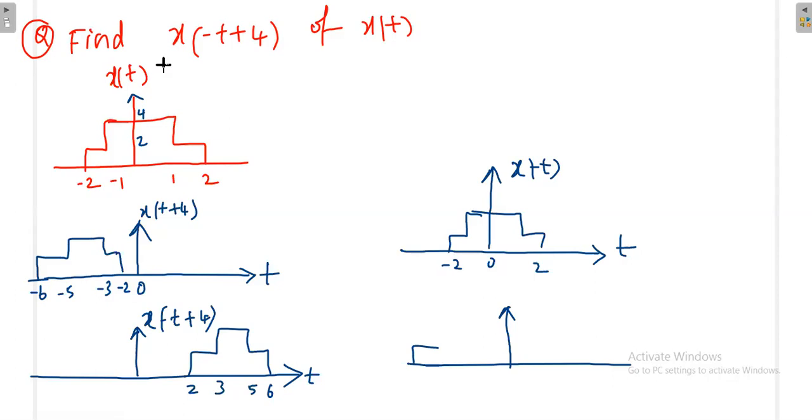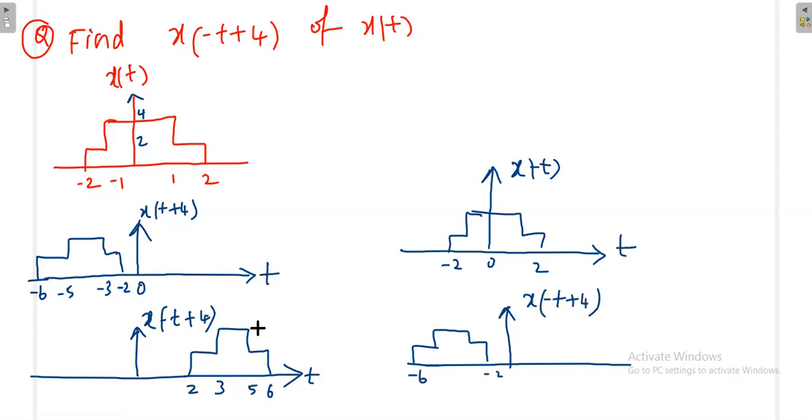You are moving 4 units, so it goes like this. Again this is like minus 2, so minus 6, and this is minus 2. Finally, here also you have found x of minus t plus 4.